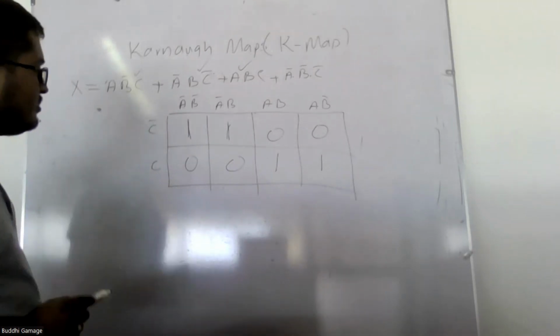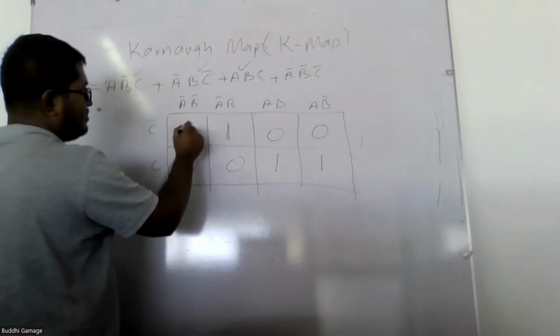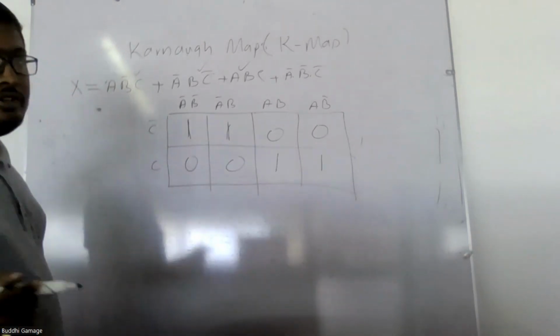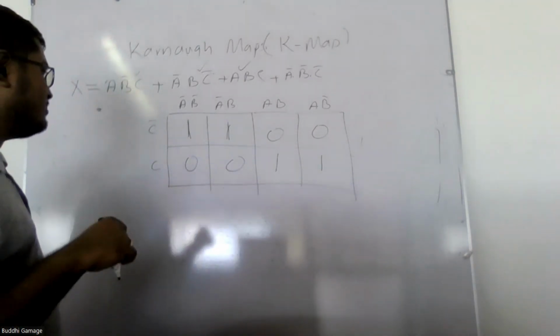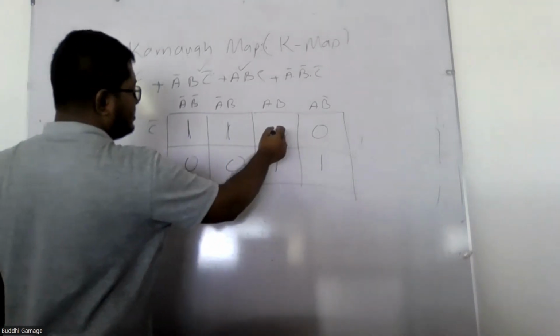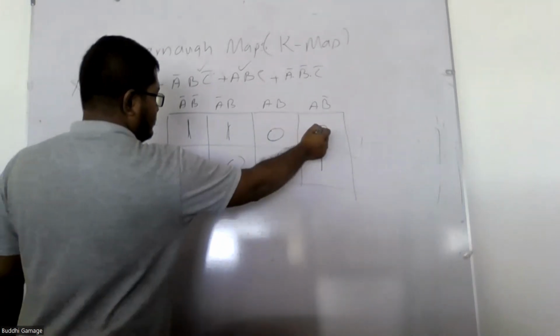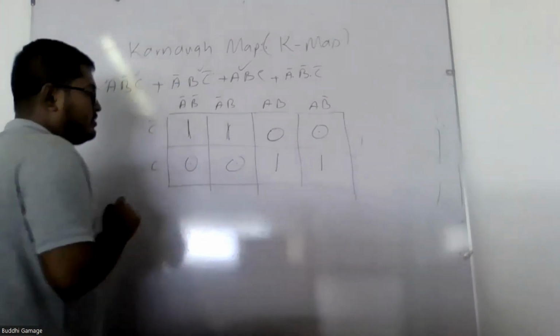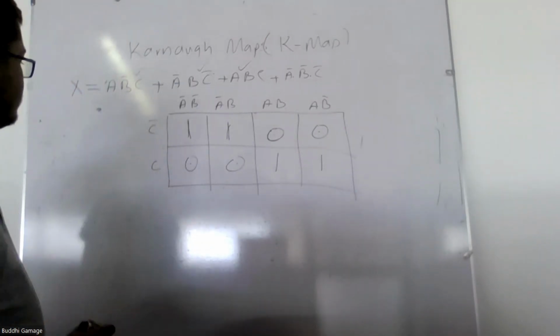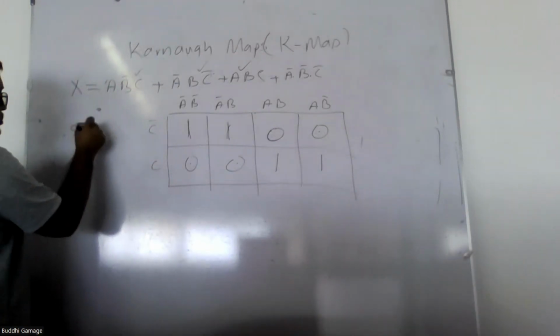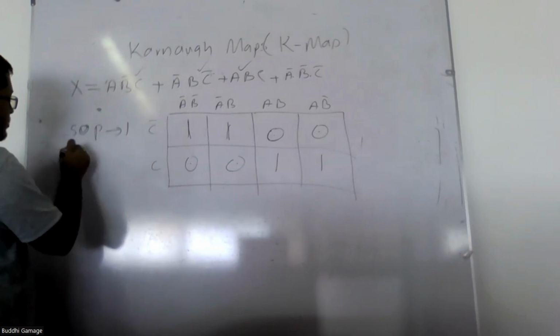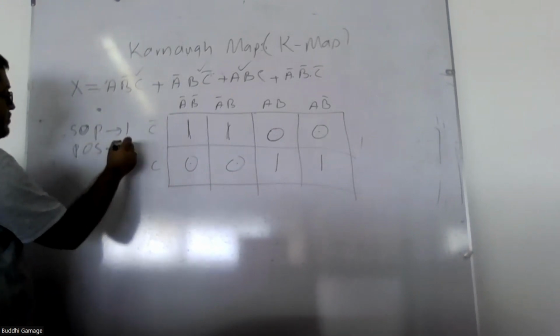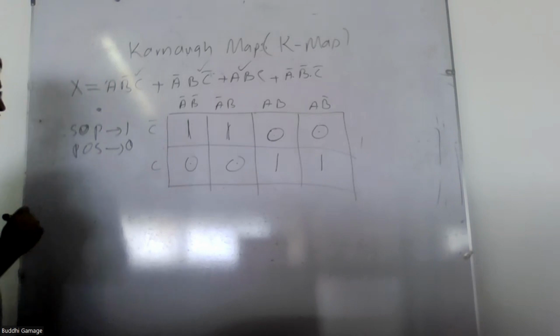So you need to consider only ones. If you need to get the answer in product of sums, then you need to consider only the zeros when you are grouping. So you group ones for sum of products, and you group zeros for product of sums, right?